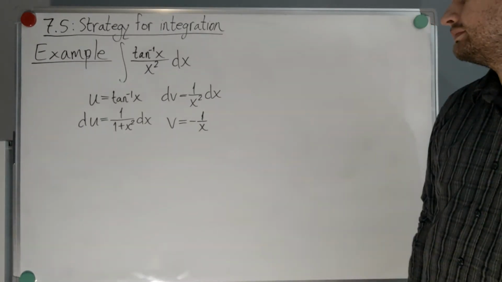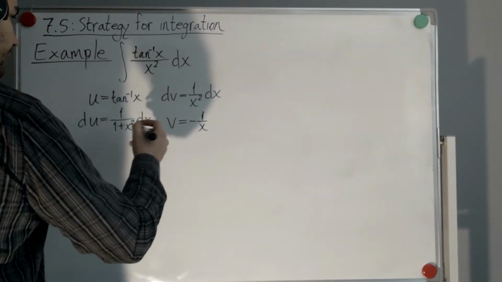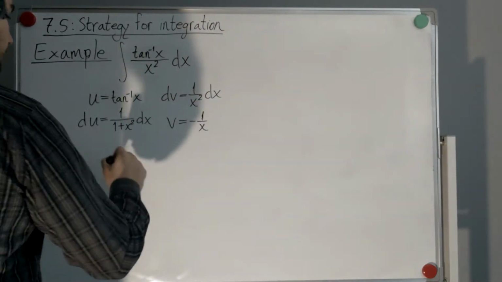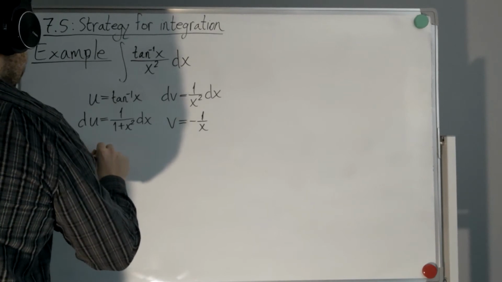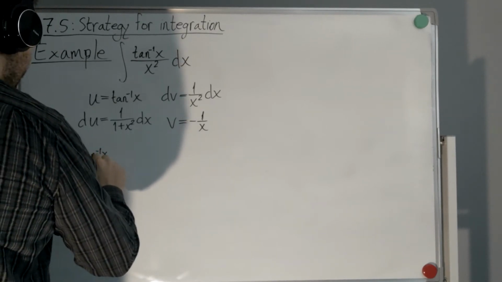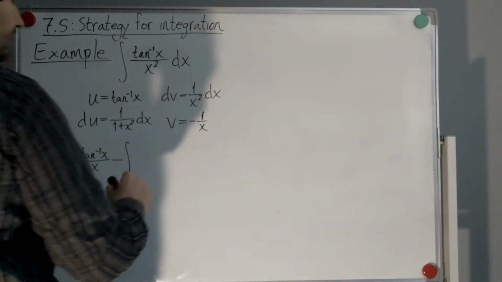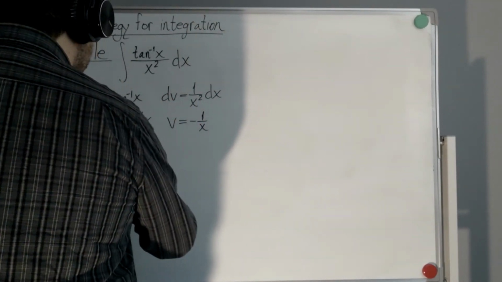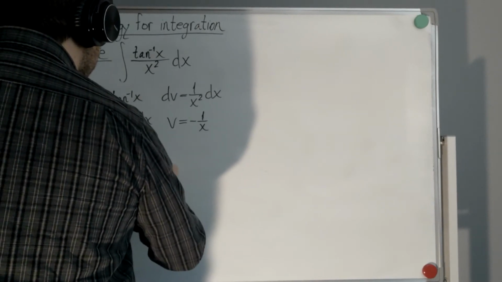Okay. Alright, so now integration by parts says we're going to have uv minus the integral of v du, so that's going to be negative arctangent x times 1 over x minus the integral of v du, so that's going to be negative 1 over x times 1 plus x squared.